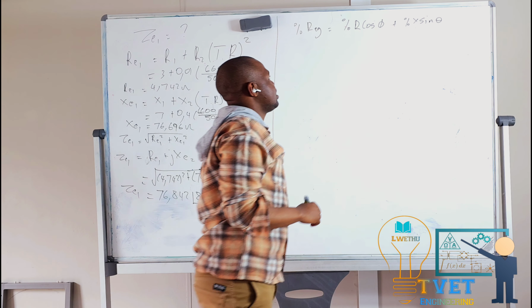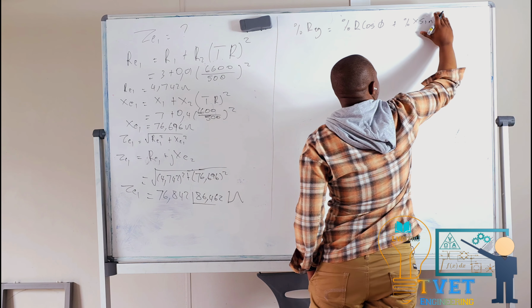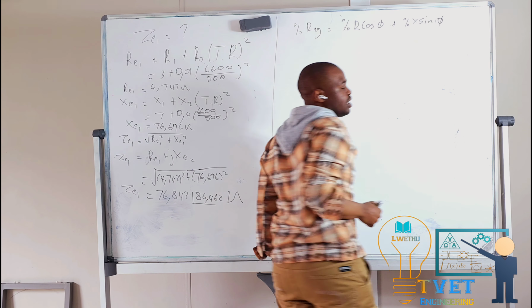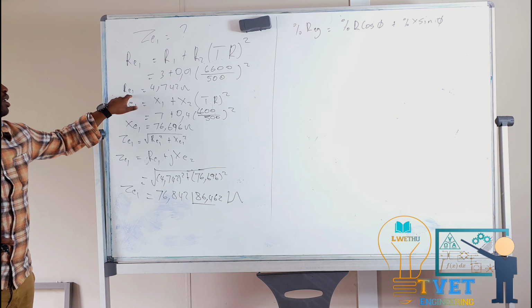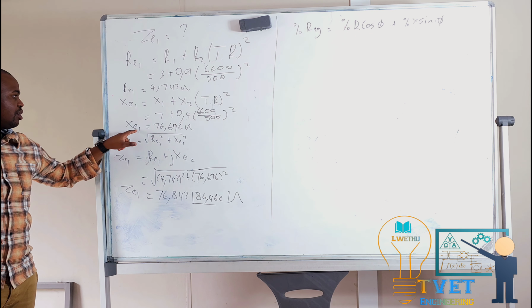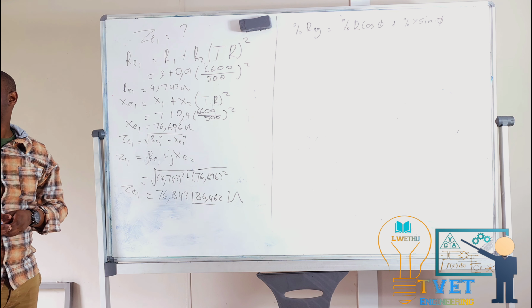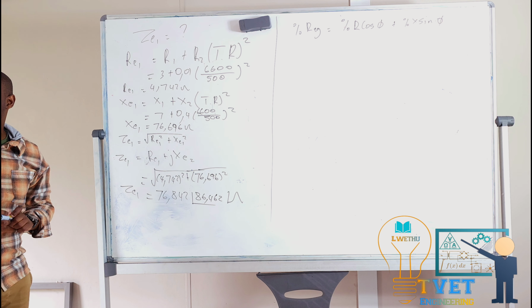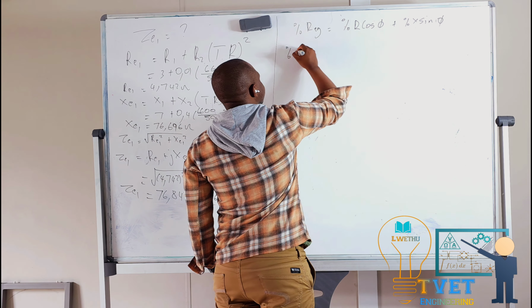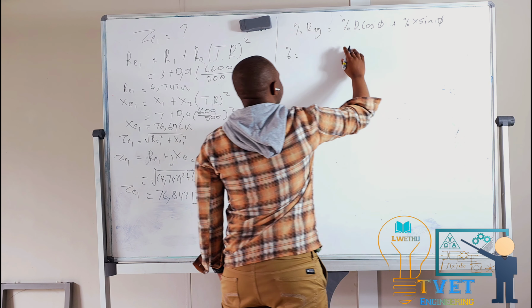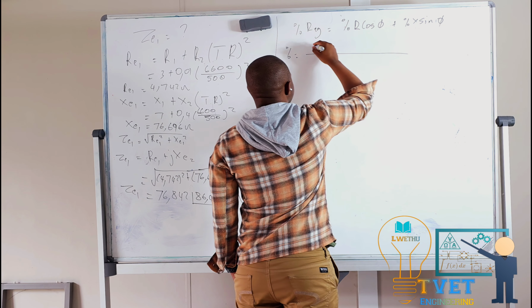But sorry, our values, which are the equivalent resistance and equivalent reactance, are not in percentage form. So you're going to use this formula.